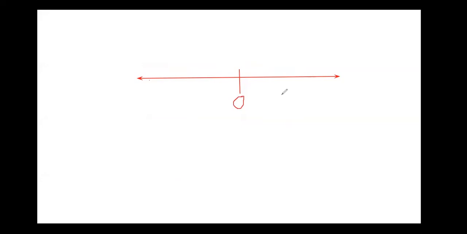So when we're doing absolute value, absolute value measures how far something is from 0, okay? That's it. It doesn't matter if it's positive or negative. It's just how far it is from 0.